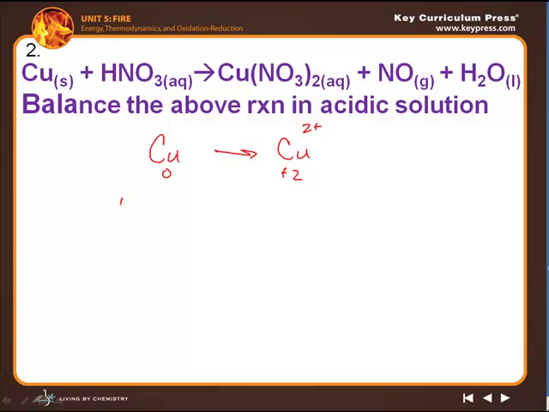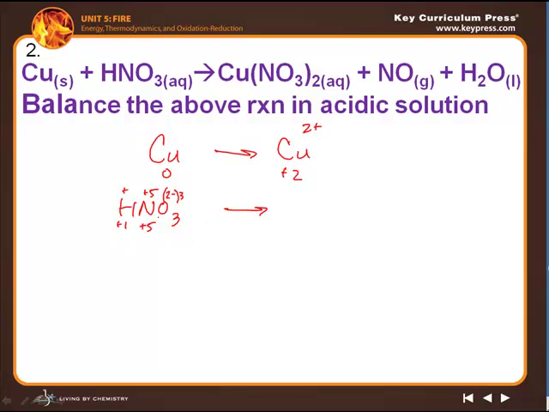So our options are, we've got the HNO3 on the left. HNO3 here has oxygen at 2 minus, and there are 3 of them. So that's -6 plus 1 is -5, so nitrogen has to be +5, with hydrogen +1.